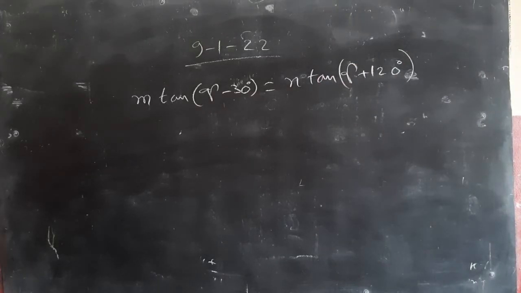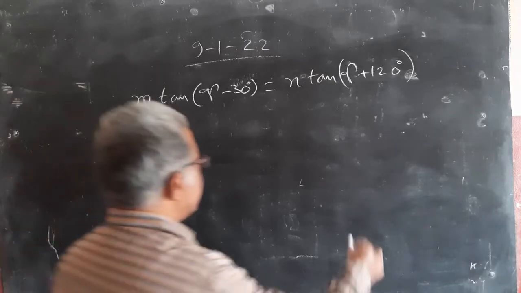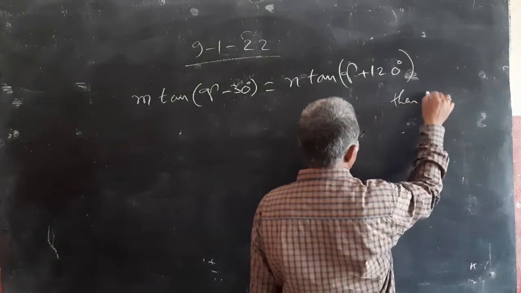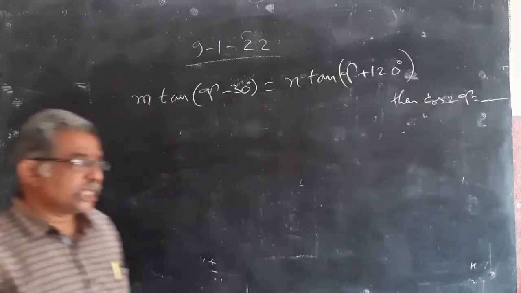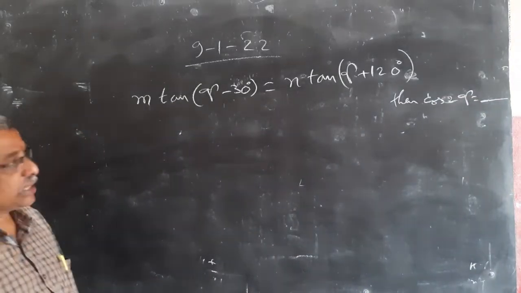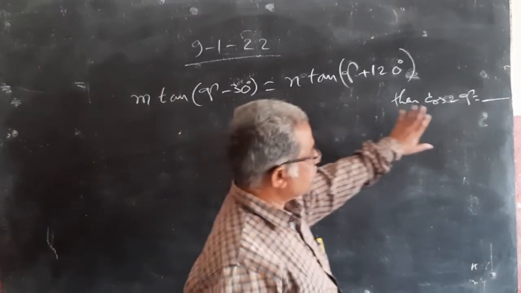Then cos 2q equal to how much is asked? Proceed in the same manner, automatically we will get it. So he is asking cos 2q.